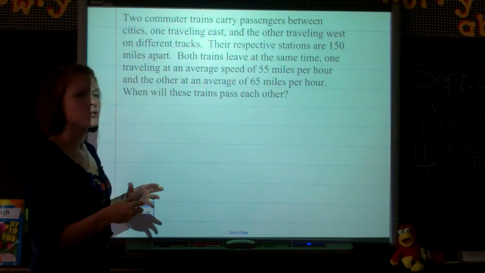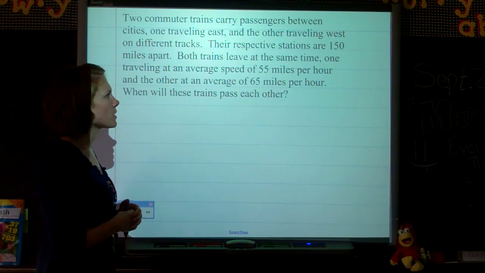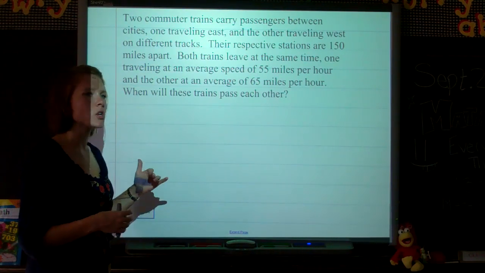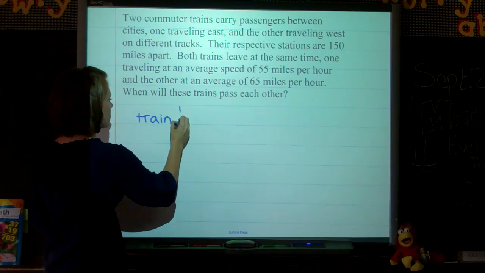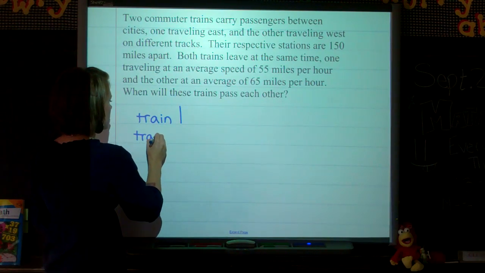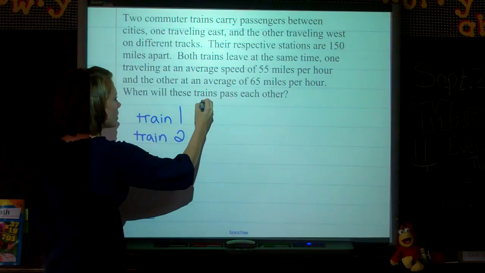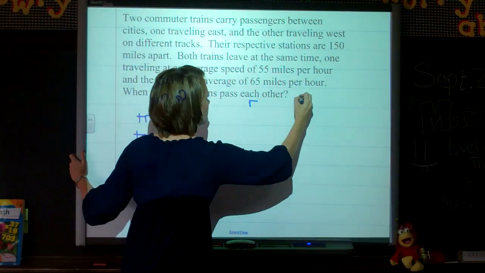Okay, so what I want to do is organize distance, rate, and time again because those are the three items that are showing up in this problem. So I have train 1, and I have train 2. Distance, rate, and time.